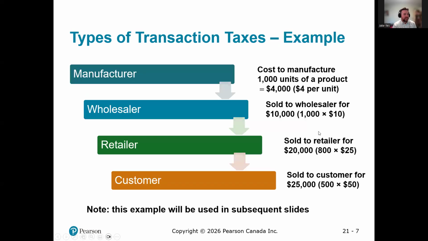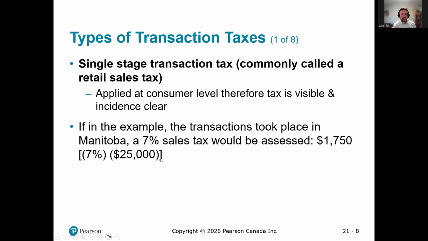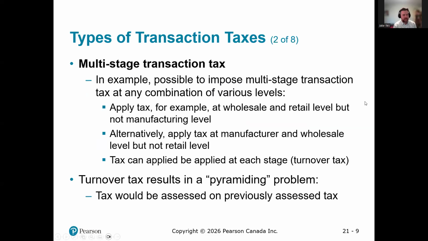So if we bought 1,000 units at $25, that's $25,000. 7% of that amount is $1,750. So we would spend $25,000 plus the $1,750 to make up that tax portion. So one transaction, that's where the sales tax is collected.